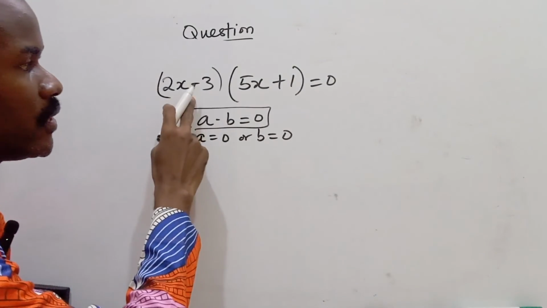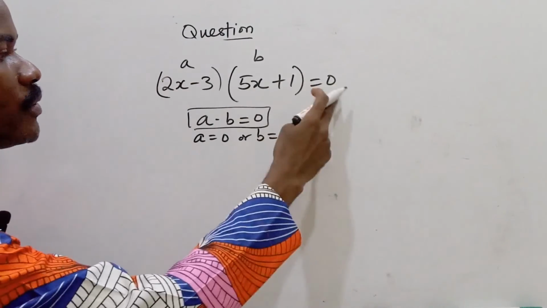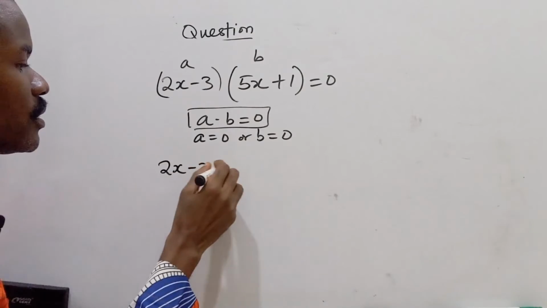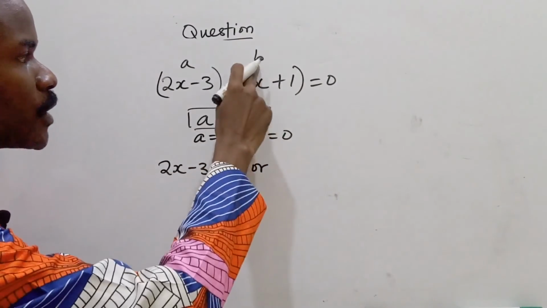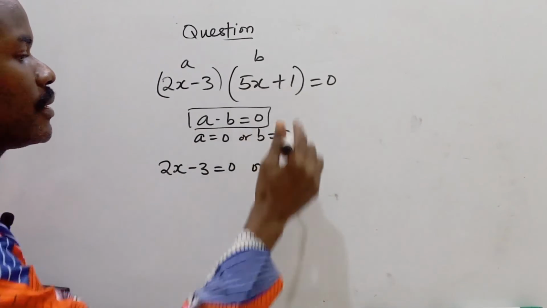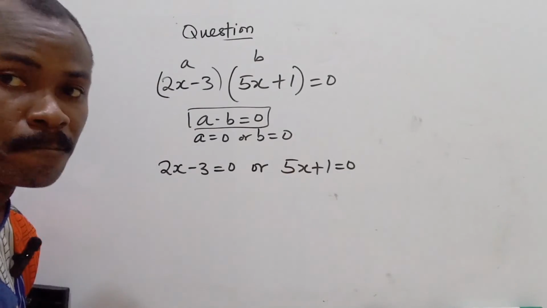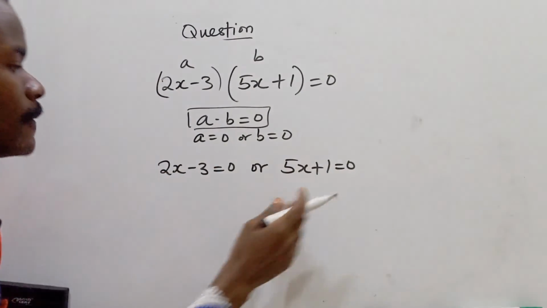So we are going to use it here. If this is a and this is b, so a has to be 0, which is this 2x minus 3 has to be 0, or b is equal to 0. So this 5x plus 1 is equal to 0. Now from this I can solve for x, and from this I can solve for x.